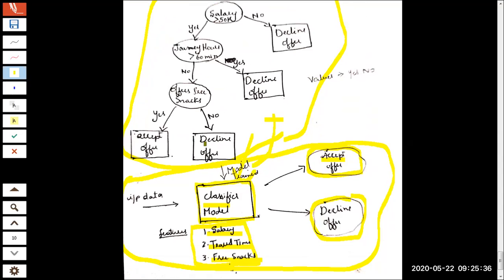Now, among the available attributes, salary, travel time, free snacks, facilities available, whatever it is, which should become the root node? So that is the first question. When you are building a classifier, which feature or which attribute should be the root node?